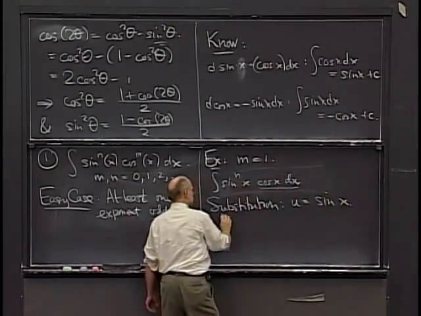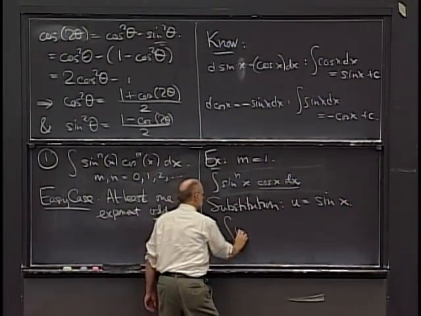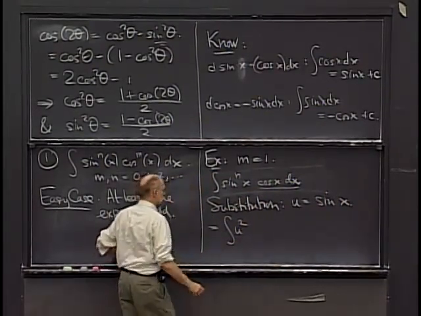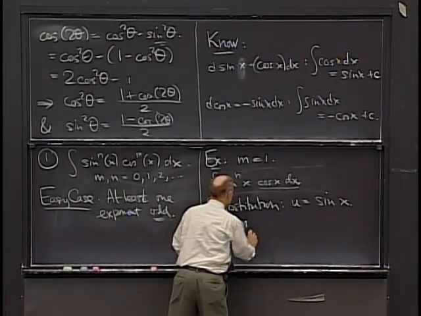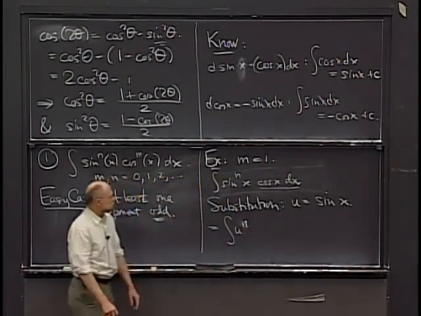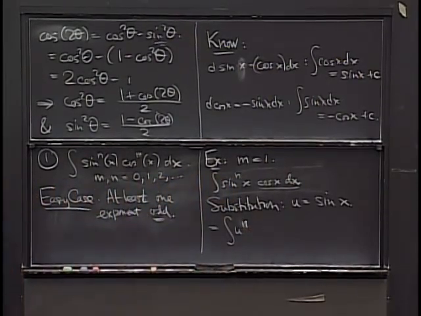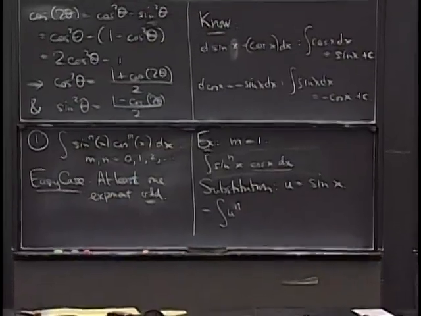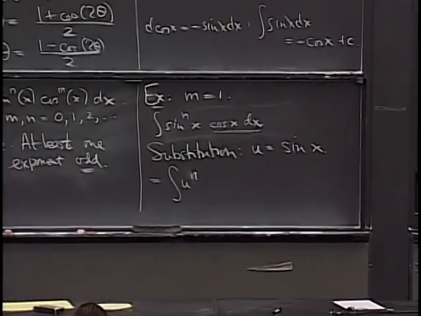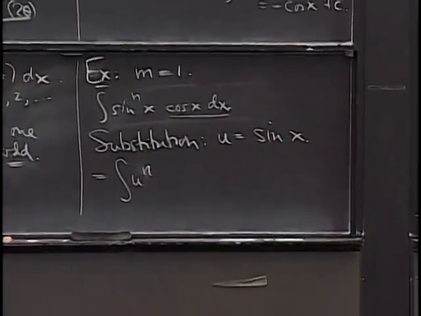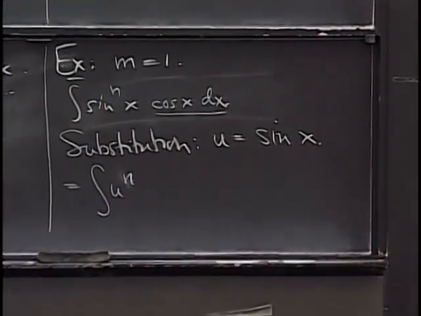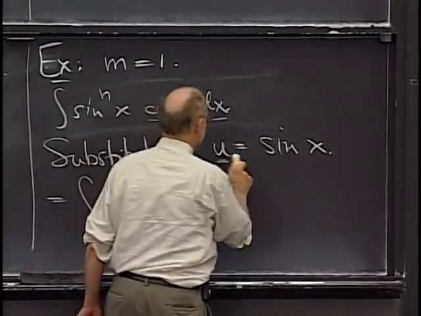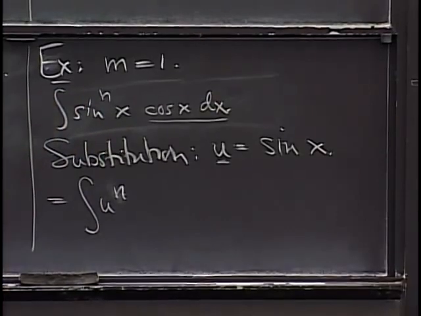And here's why. Then this integral that I'm trying to do is the integral of u to the n. That's already a simplification. And then there's that cosine of x times dx. When you make a substitution, you've got to go all the way and replace everything in the expression by things involving this new variable that I've introduced.